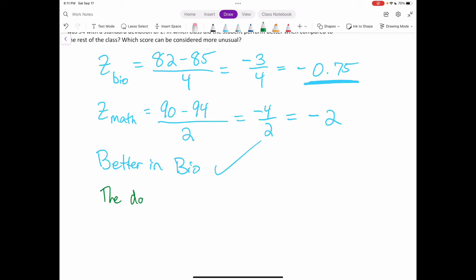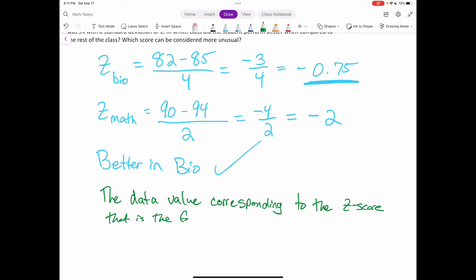The data value corresponding to the z-score that is the farthest away is the more unusual data value, right?